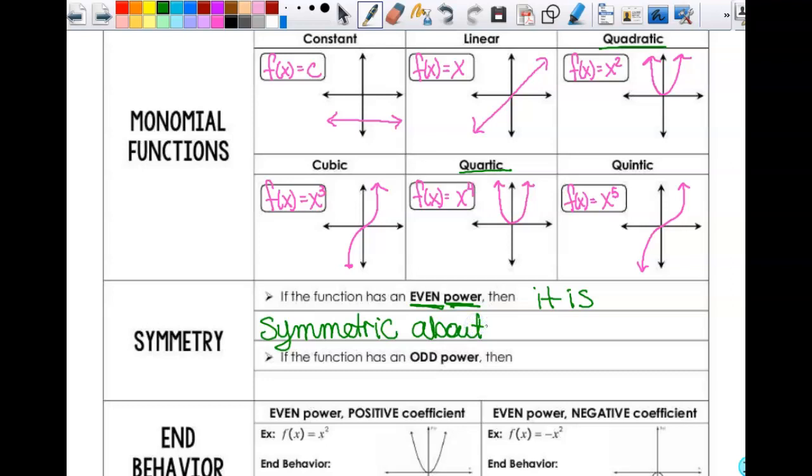What are the even-powered ones symmetric to? The quadratic and the quartic, where's their line of symmetry? The y-axis, right? Aren't they just symmetric to the y-axis? Okay, so symmetric about the y-axis.